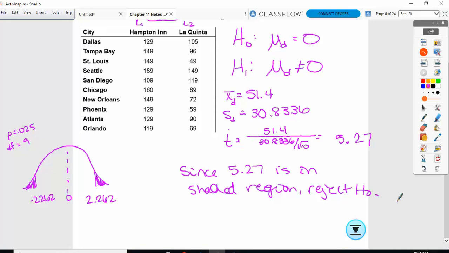So in that case, we still reject. So you can still do it by hand. Since we're already using the calculator to get the difference anyway, it's easy to go ahead and do the whole test there, but you are not required to. You have all those options available to you.